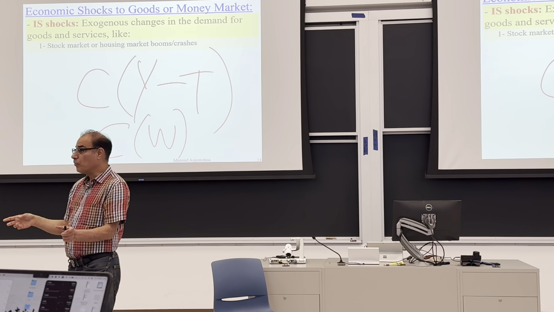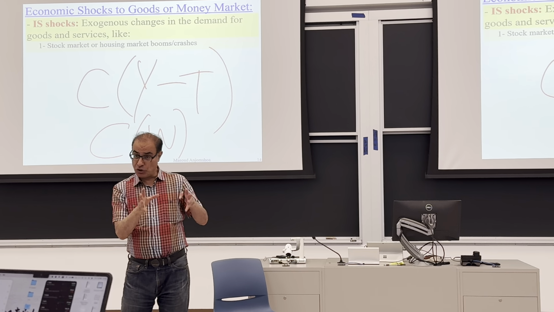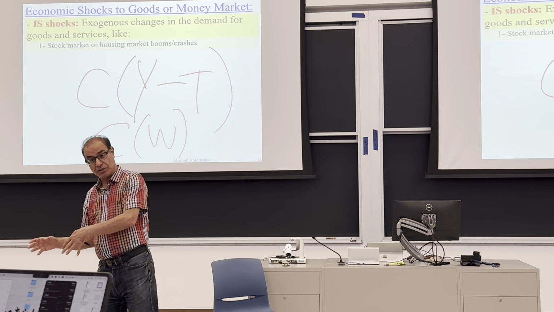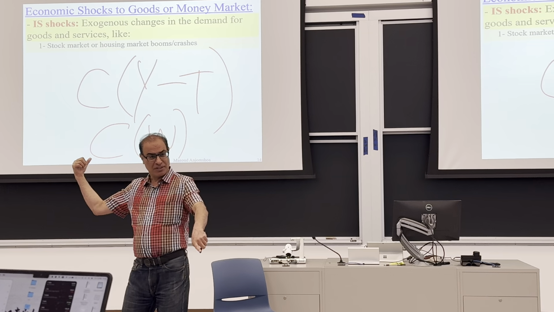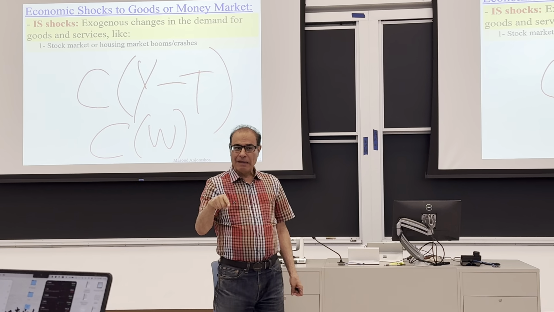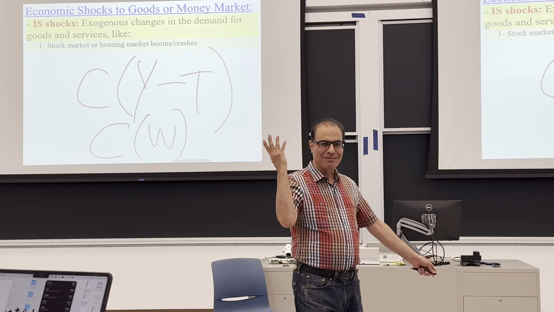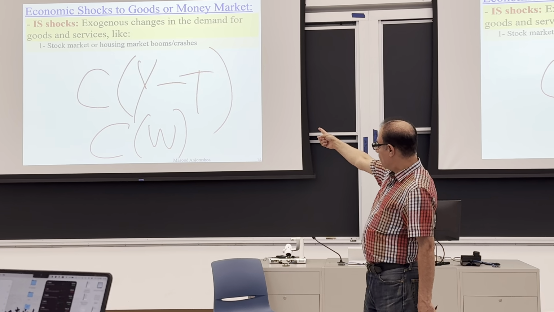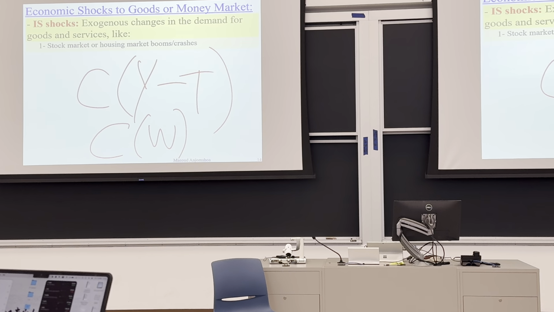So the only difference was which one happens first. In the Great Depression, the stock market crashed first, and then the housing market crashed second. But you guys don't remember the recent 2008, 2009, you were kids, I think. If you go and check, the housing market crashed first, and then the stock market. So order doesn't matter, because people's wealth changes for any reason: job market, housing market, stock market.